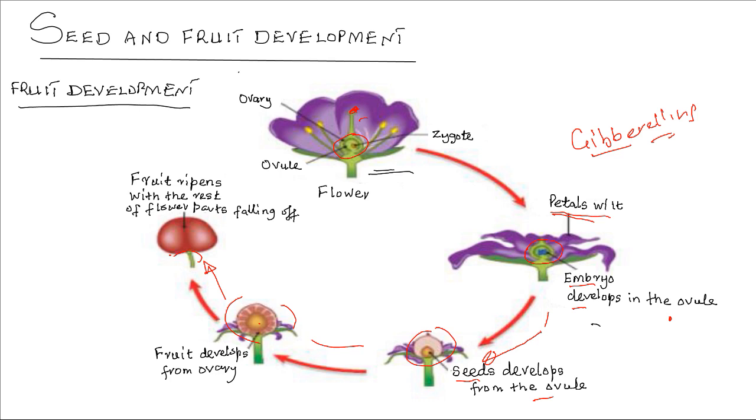Now, this condition in which the fruit develops even without fertilization, such that the seeds are not formed, is known as parthenocarpy.